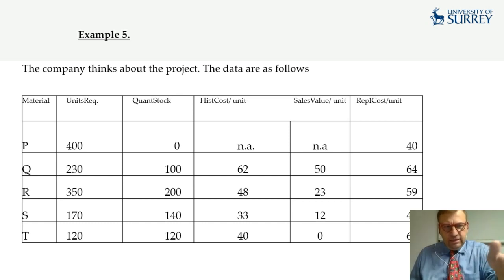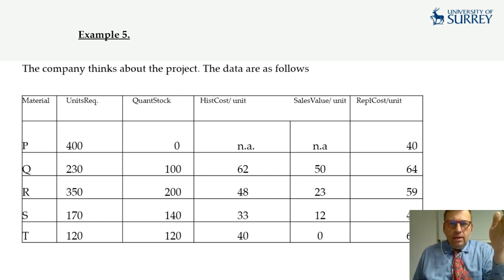And then in the next column, we have how many units of the given material is required for this production. So we know that it is required 400 units of material P, 230 Q, 350 R, 170 S, and 120 T. So this is what we need to produce this project.